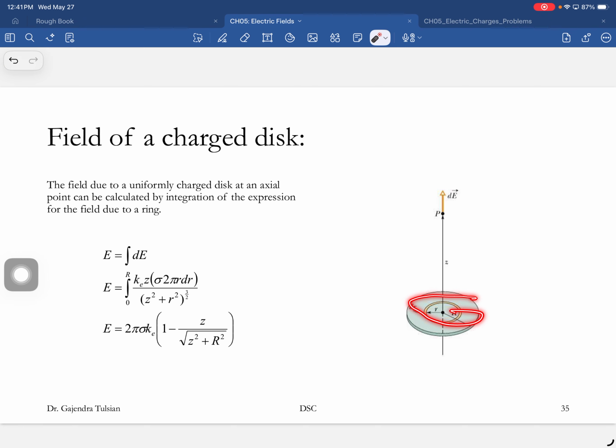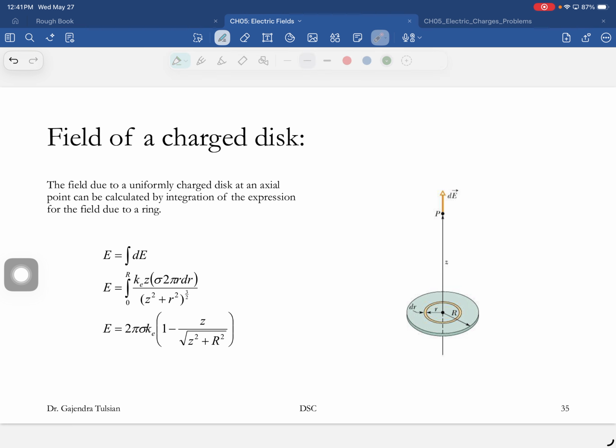If here's a disk that is uniformly charged, you can do that integral along these points. How about at this point? Good luck. So you can do it along these points. What is the electric field along those points? There is the electric field along those points.